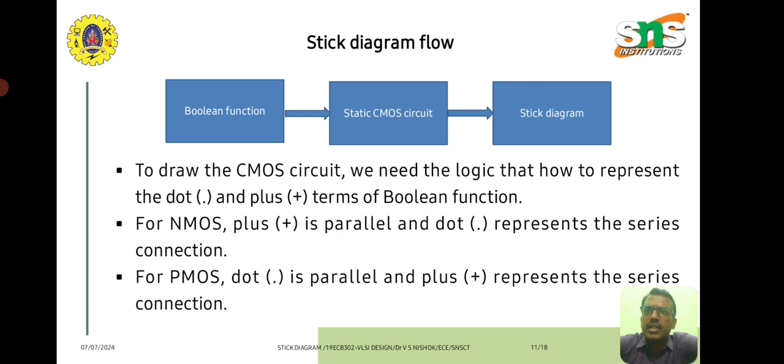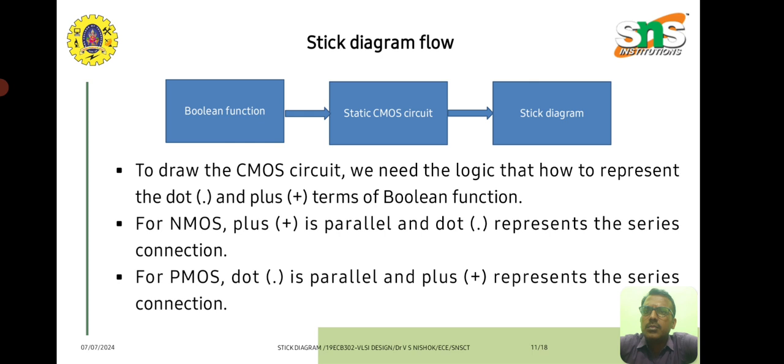Taking input variable a, y equals a bar. That is the Boolean function. It is first represented in a static CMOS circuit and then forms the stick diagram design. This is the flow we need to follow for drawing the stick diagram.